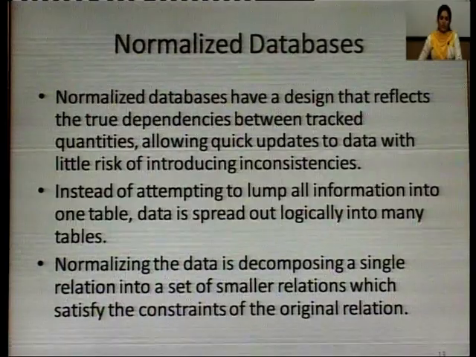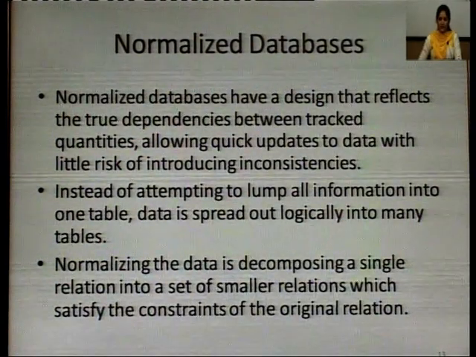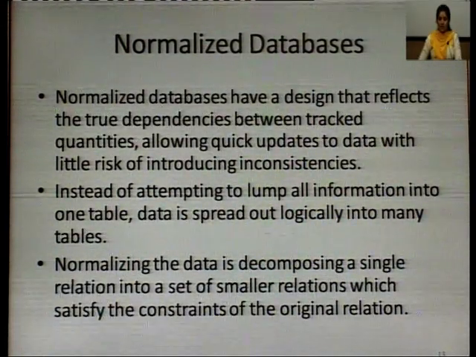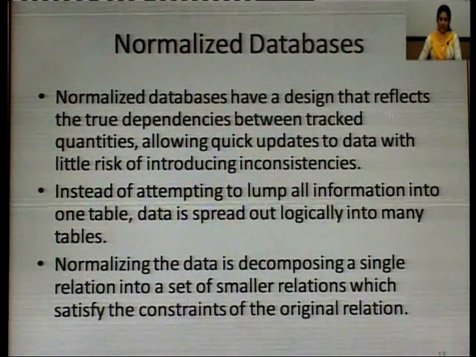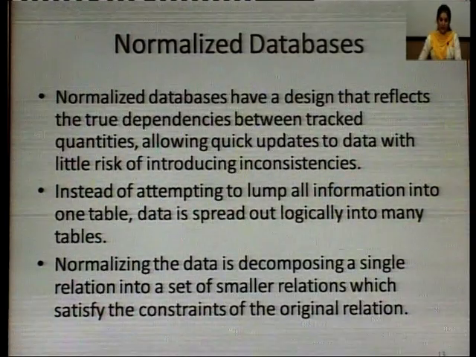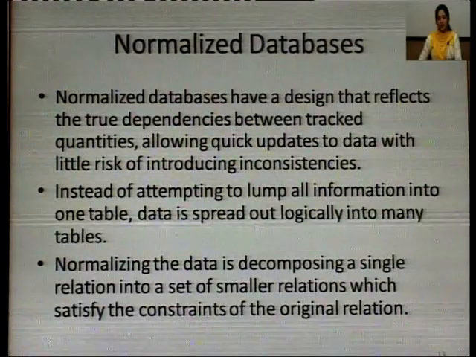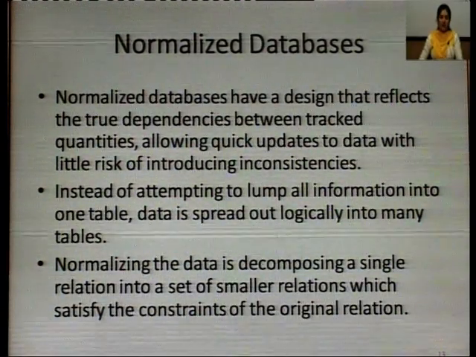Because the information in the normalized tables is stored only once, the risk of inconsistencies, which is inaccurate data, is very low, because if you are making changes to the database, you will have to make the changes at one place only. By doing this, you are eliminating the duplicacy as well as the inconsistency of your data.